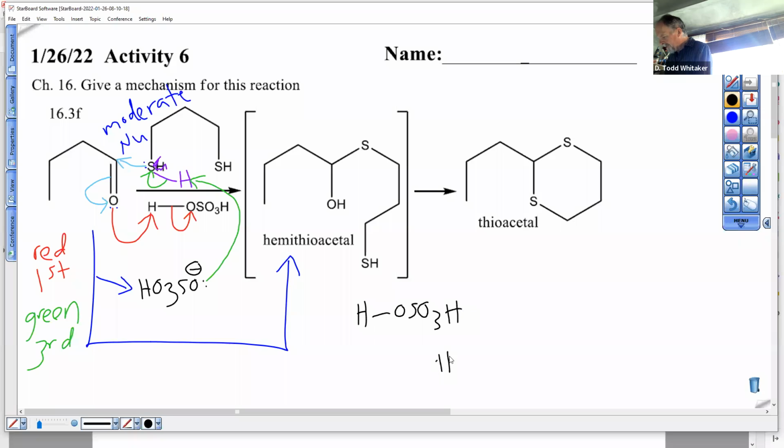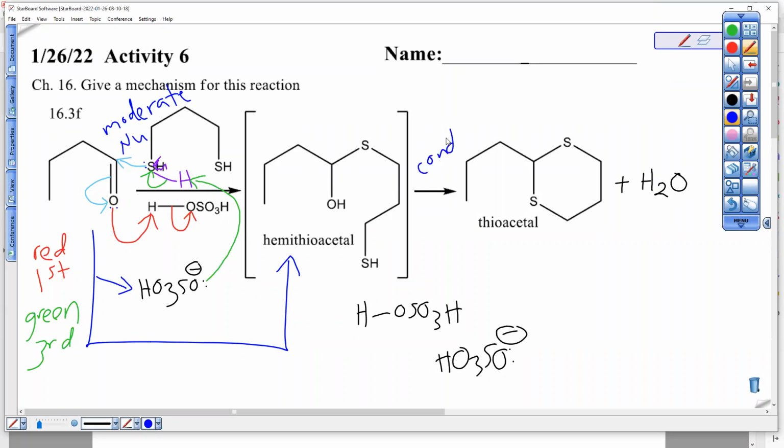I don't know exactly where this is going to point, so this could look awkward. I need both the acid and its conjugate base. I need to make this go away. Yeah, I didn't show it, but you're making water as well. Yes, it's a condensation reaction.